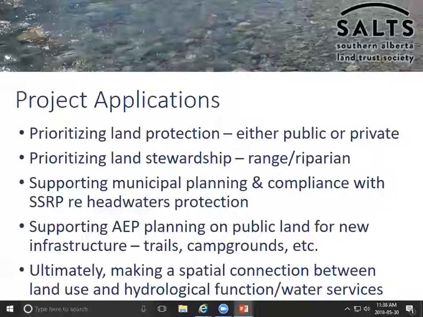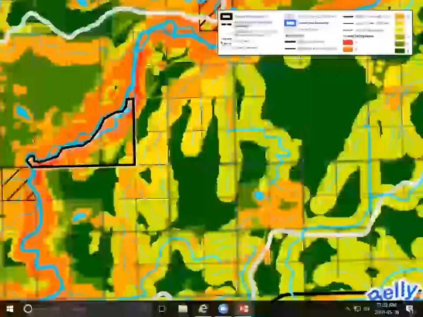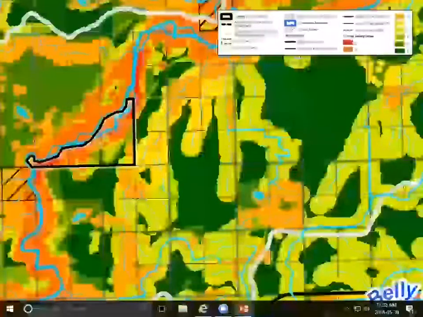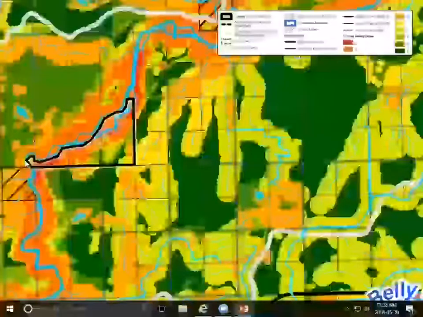or not put them. And so at the end of the day, the goal here was to try and make the spatial link between areas of the landscape that are important for hydrology and water services, to make that a useful tool for people on the ground. So a few examples. Here's a landowner on the Waterton River.